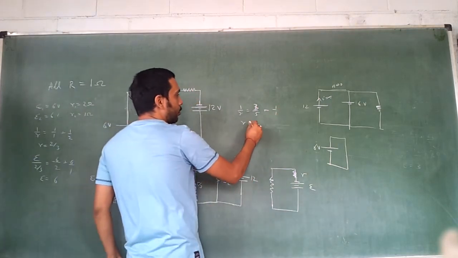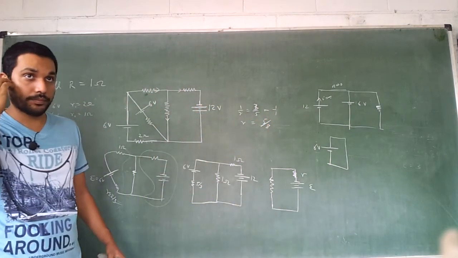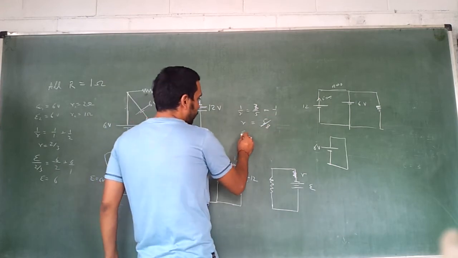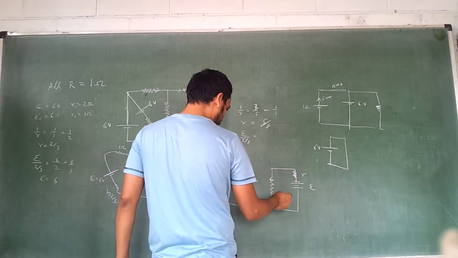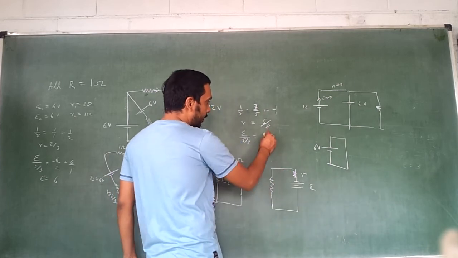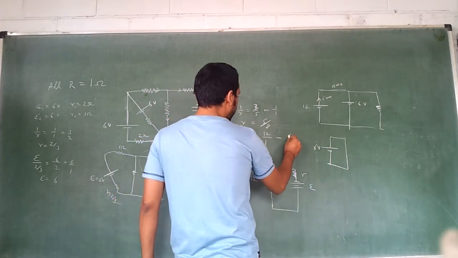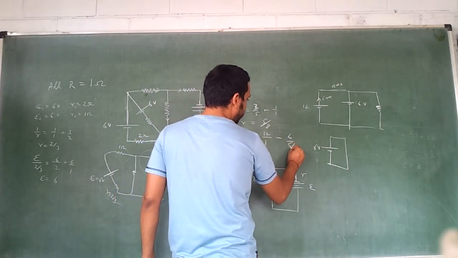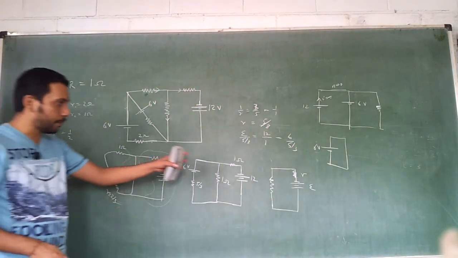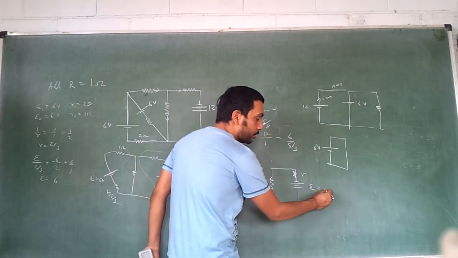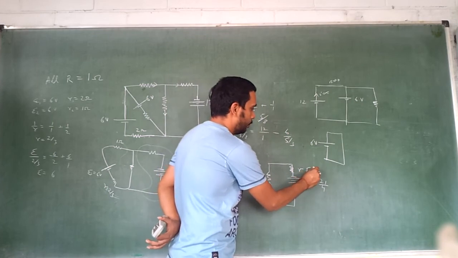So R is equal to 5 by 8, okay? And E divided by 5 by 8 is equal to, you will say this side, 12 divided by 1 minus 6 divided by 5 by 3, okay? Right? So from here you get the E value as 21 by 4, and this R value 5 by 8.